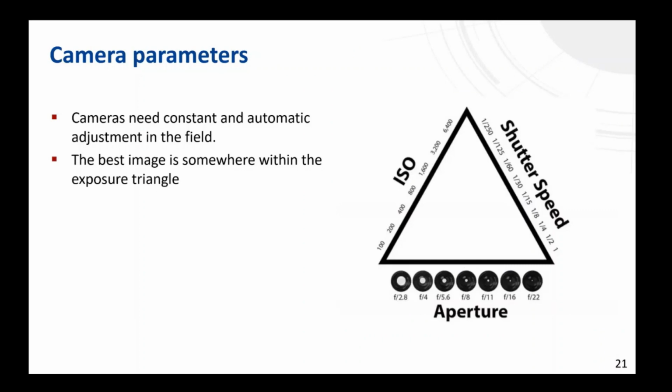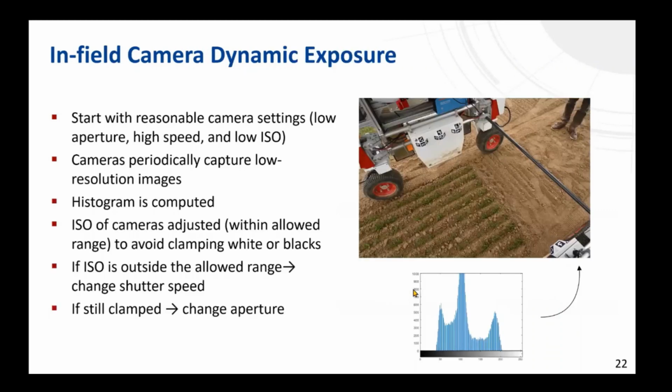So we need to find a balance between these camera parameters, and Alex developed a method to choose camera parameters based on the histograms of the captured images, so that all cameras have the same parameters, and these parameters make sure that we use the dynamic range of the cameras.